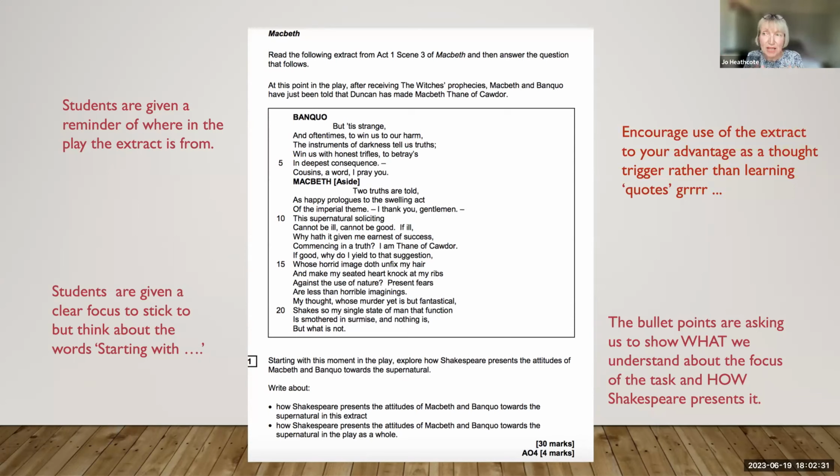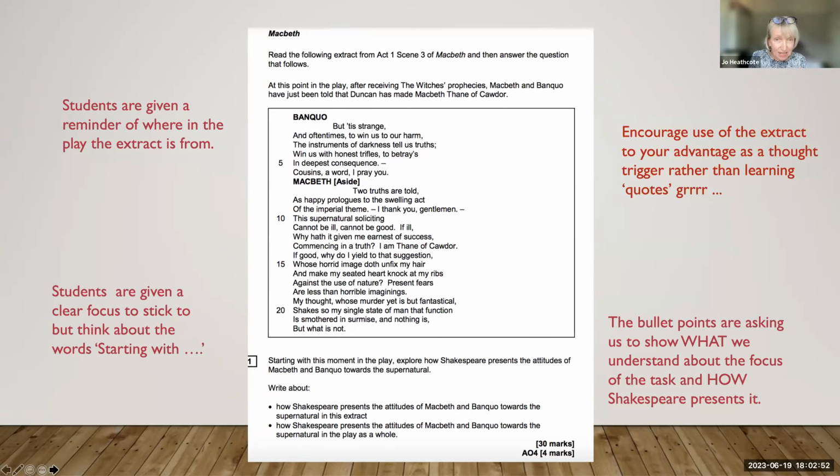So use that to your advantage rather than having students memorize quotations. You've got the extract in front of you, so you can do some direct quotation from it, but use it to satellite out and remind you of other places within the play.